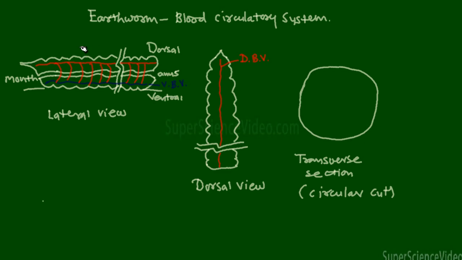If we take the circular section, it means worm is cutted in form of chips. As the body is cylindrical, the shape of the chip is circular. It is considered as transverse section. So to the free surface of the body, we can see opening of dorsal blood vessel.